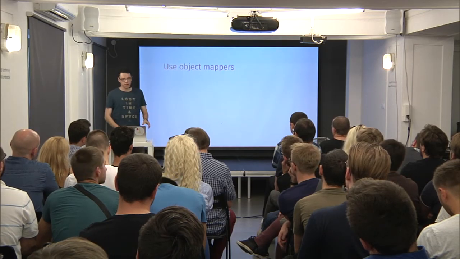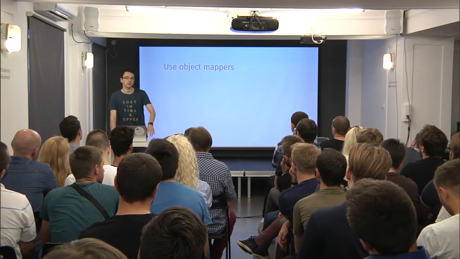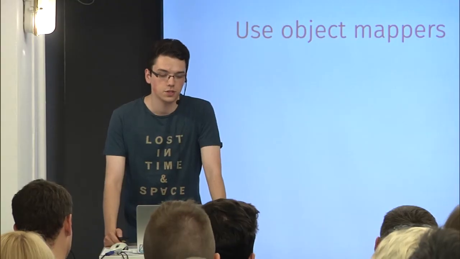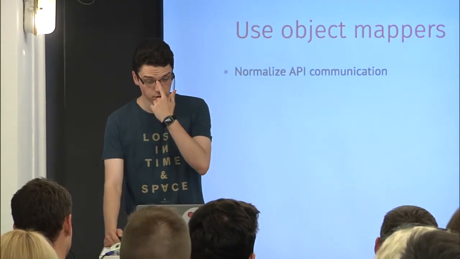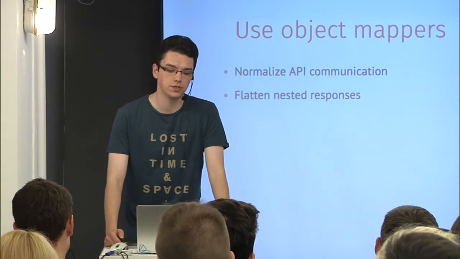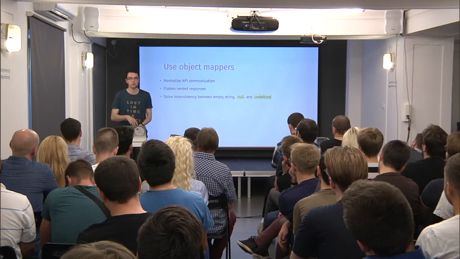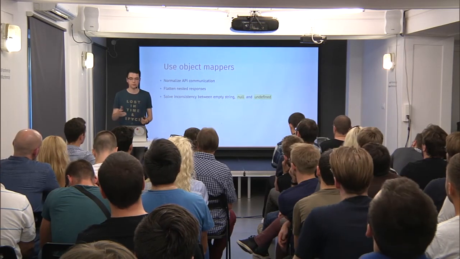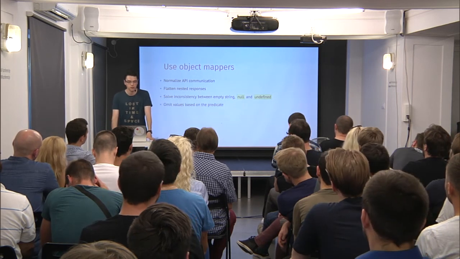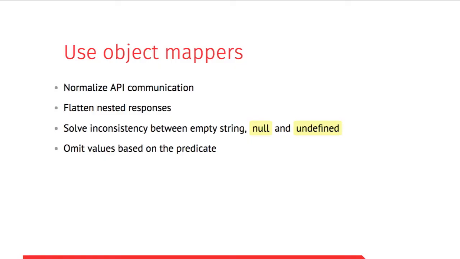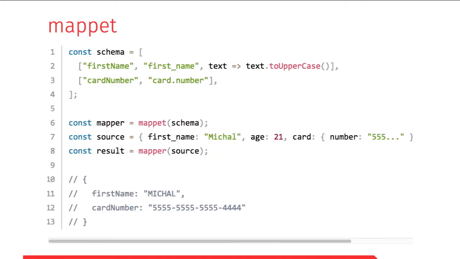Use object mappers. Okay, now there's this part of tips. Object mappers let you normalize communication, flatten nested responses, solve inconsistency between string, empty string, null, and undefined, and omit values based on some predicate, and you can use mapped for that. We are using it, it's working. That's how it looks.